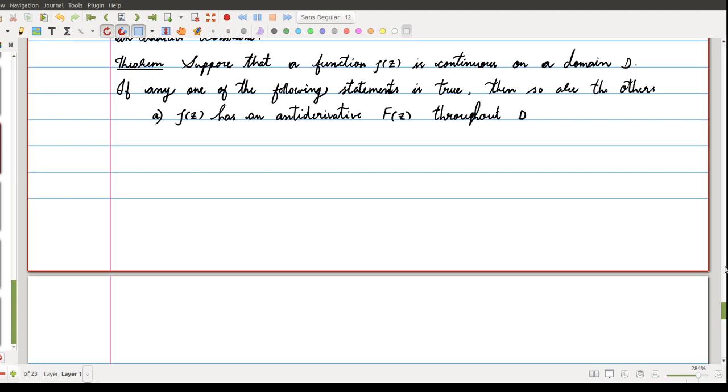This is the first statement: f of z has an antiderivative, a capital F of z, throughout D. This theorem can be considered as the characterization of the existence of an antiderivative. So if A holds, then the other two, B and C, hold.